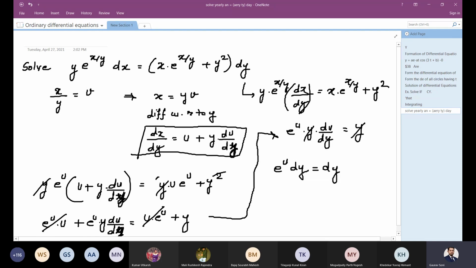This is variable separable form. Once we get variable separable form, integrating. So integration of e to the power u is e to the power u. Integration of dy is y plus c. Resubstitute the value of u. u is nothing but x by y, so e to the power x by y is equal to y plus c.